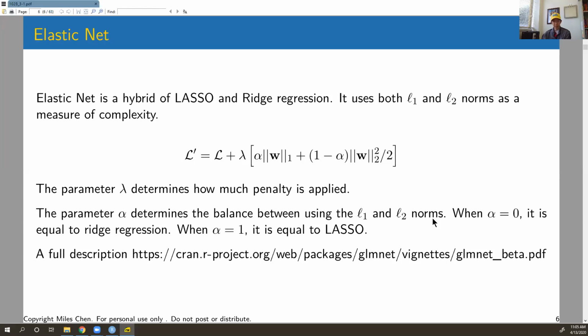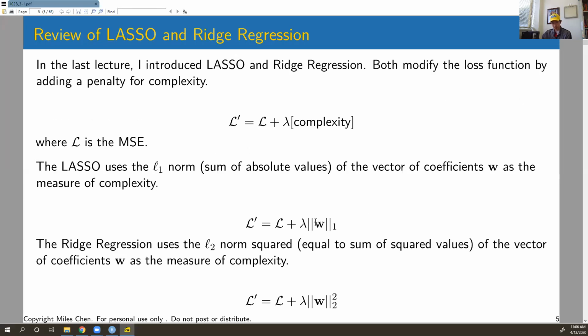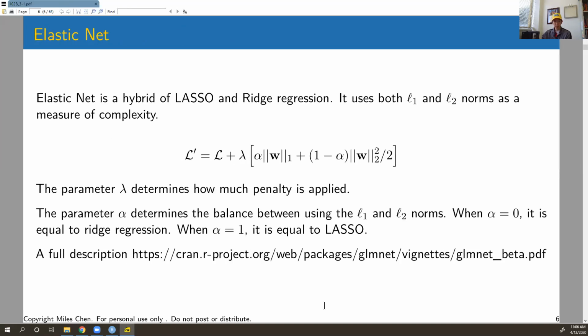Okay, and so there's something called elastic net. Elastic net is a hybrid of LASSO and ridge regression. So LASSO uses the L1 norm, and ridge regression uses the L2 norm squared. And so what elastic net does is it uses both the L1 and L2 norms, except it splits the difference.